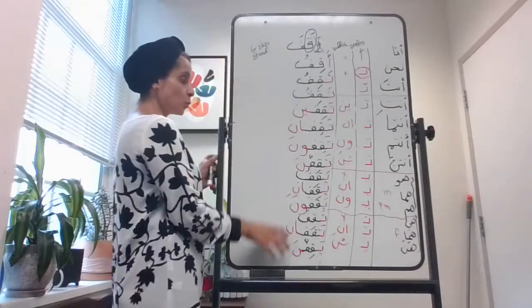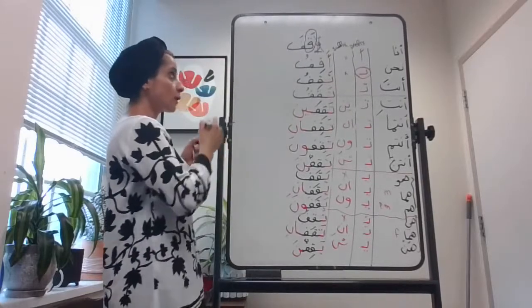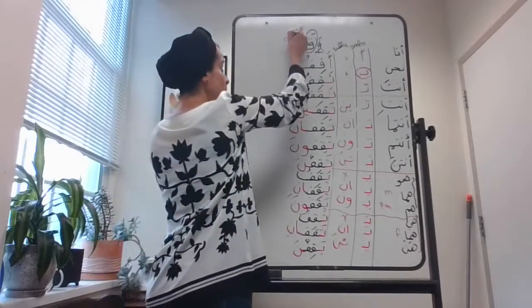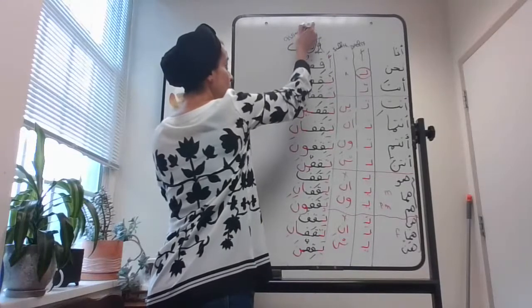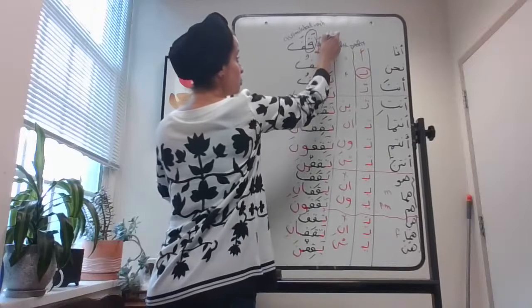So I'm not going to delete waqafa. I'm going to keep it to make a comparison. So this is for the assimilated verb, where the first root is a vowel.